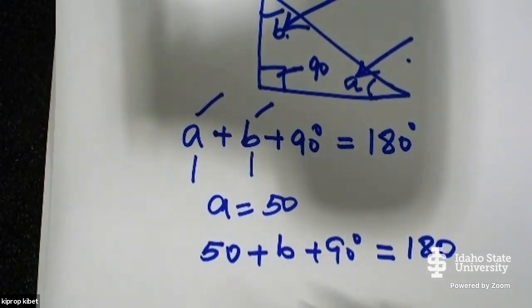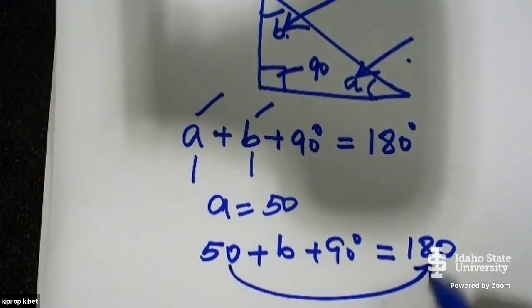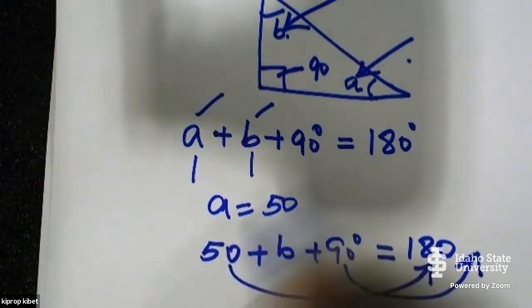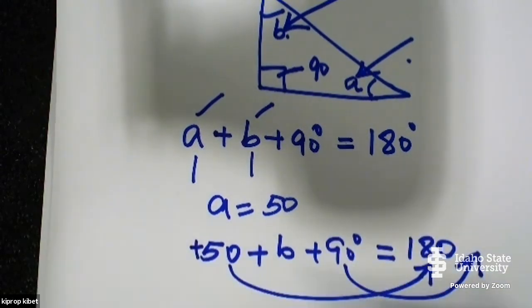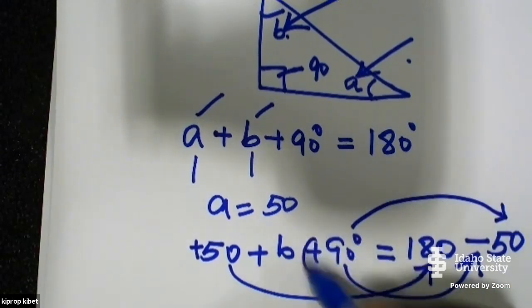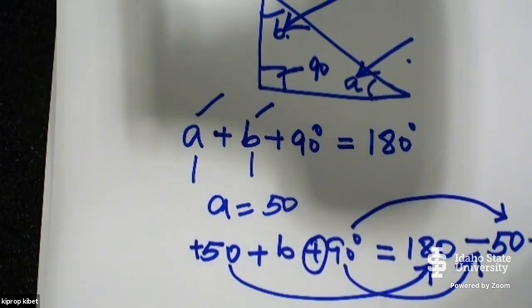Okay? Then you can take all these to the other side. So when you take 50 here, because this one is positive, then goes here, it will be negative. And when you take this 90 here, because this one is positive, it will be negative 90. So you get the value of B there.